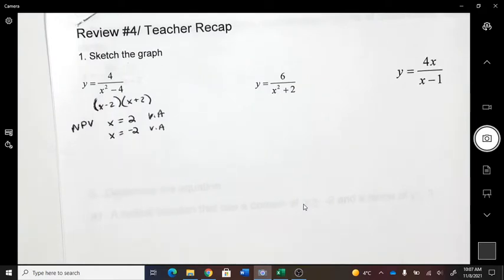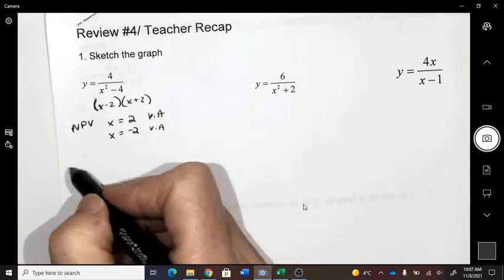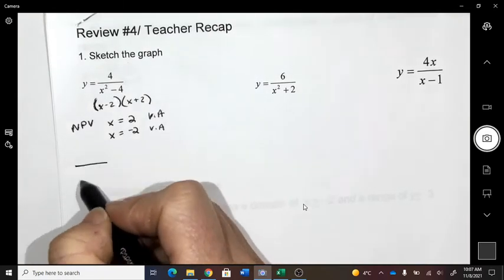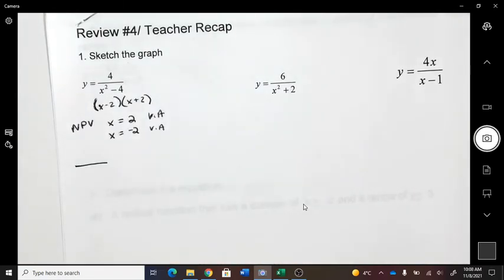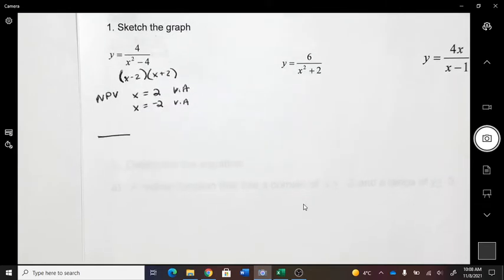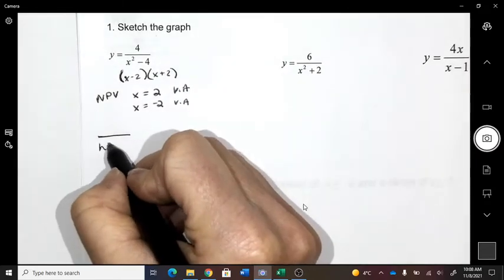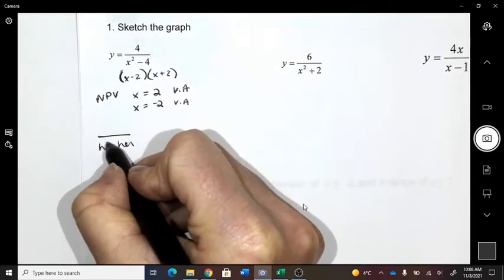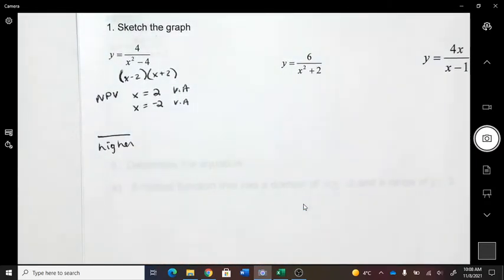Okay, now let's talk about our horizontal stuff. Here's my fraction. Do I have a higher degree on the top, a higher degree on the bottom, or the same degree? So the bottom is a higher degree equation. So what happens?